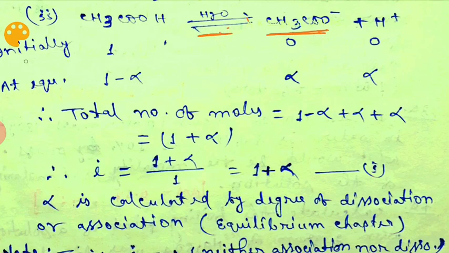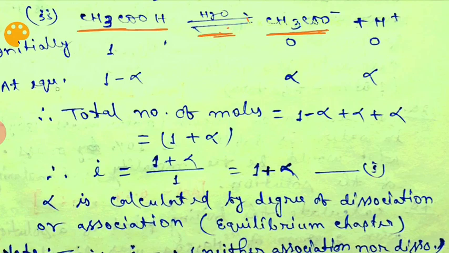Suppose initially the number of moles of acetic acid is 1, and initially there is no acetate or hydrogen ion. After equilibrium, when the dissociation starts, a time comes when equilibrium exists, that is called chemical equilibrium.